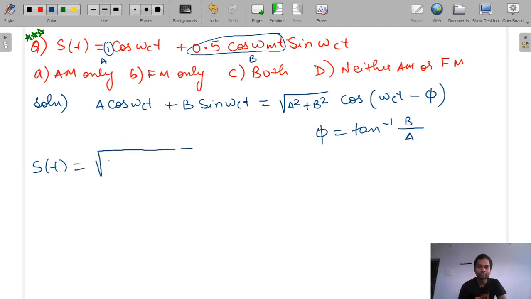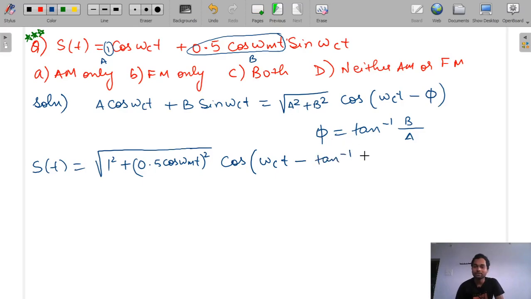A square is 1 plus B square, that is (0.5 cos omega_m t) square, and cos(omega_c t minus phi). Phi is tan inverse of B by A, so tan inverse of 0.5 cos omega_m t divided by 1.